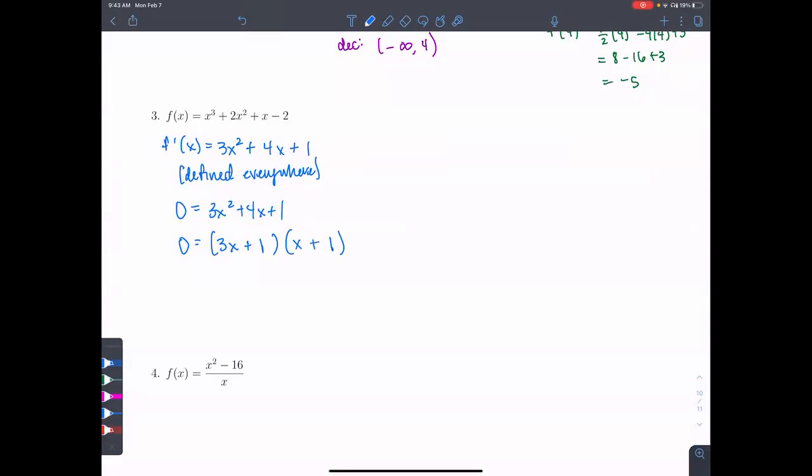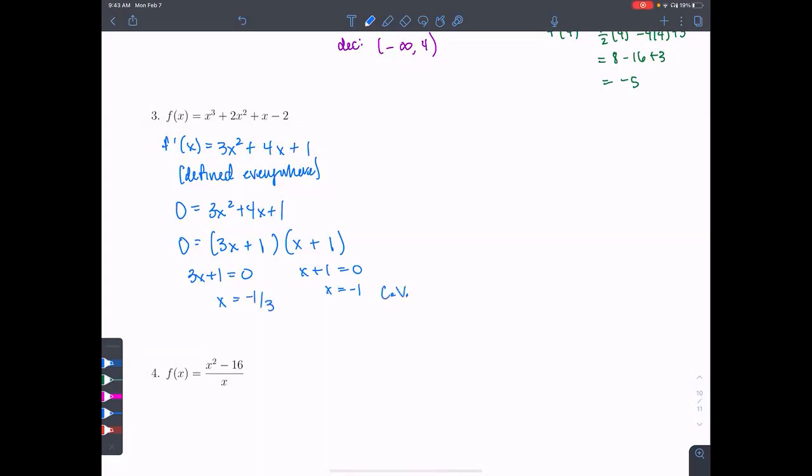If I were to FOIL this, that would be 3x squared first, outer would be 3x, inner is x, together that's 4x, and then last would be 1. Okay, so that works. And then set those factors equal to 0. So 3x plus 1 equals 0, x plus 1 equals 0, so x equals -1, and x equals -1/3.